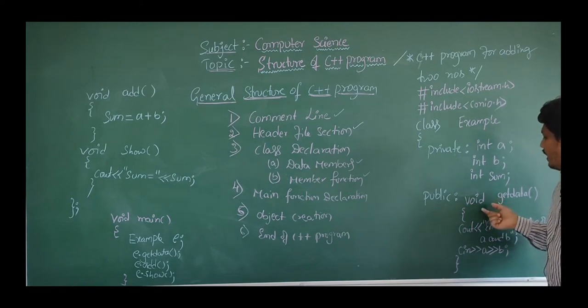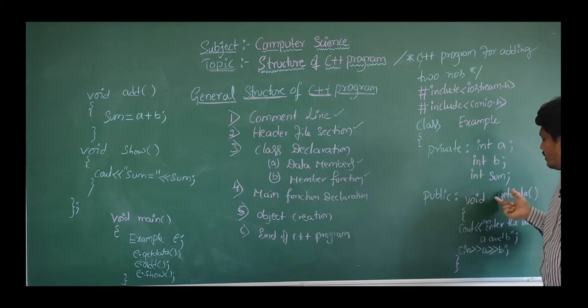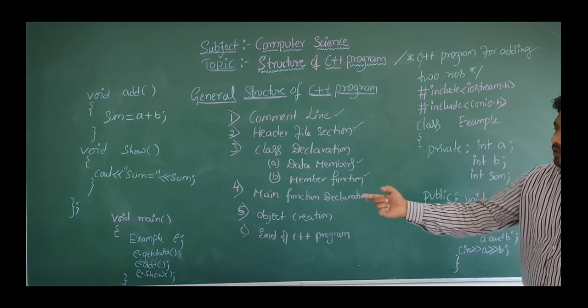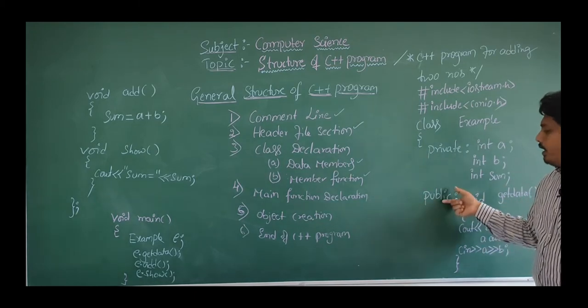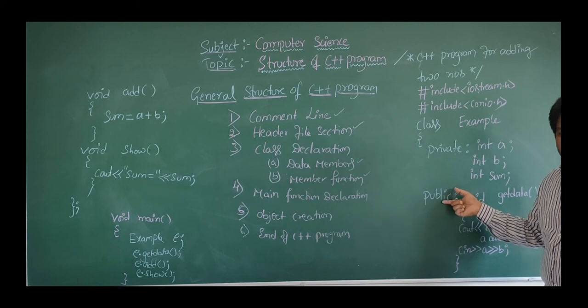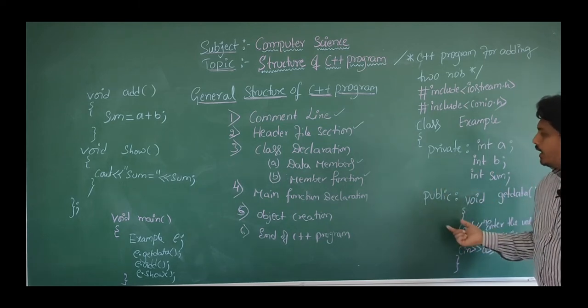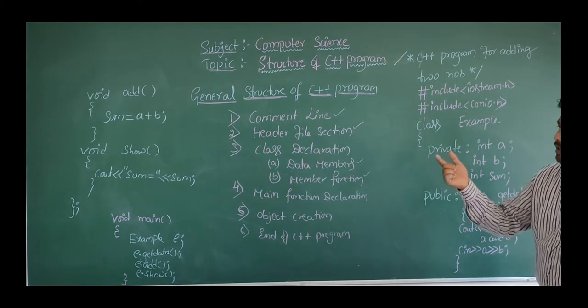And I have written these member functions in the public section, because getData, add and show can be accessed from the main function, that is, outside the class. Therefore, I have written this access specifier as public. Okay. So we have three member functions in this: void getData, void add and void show.